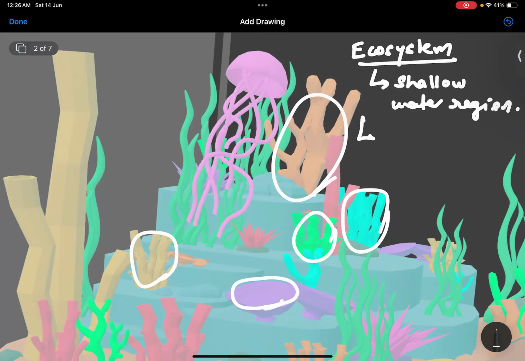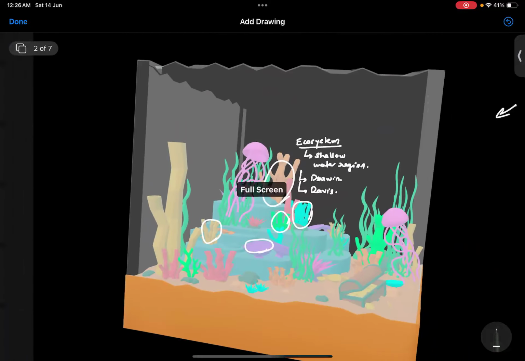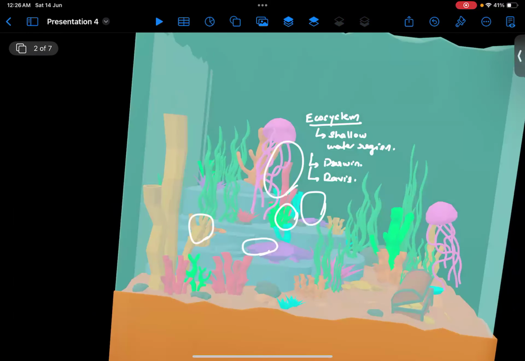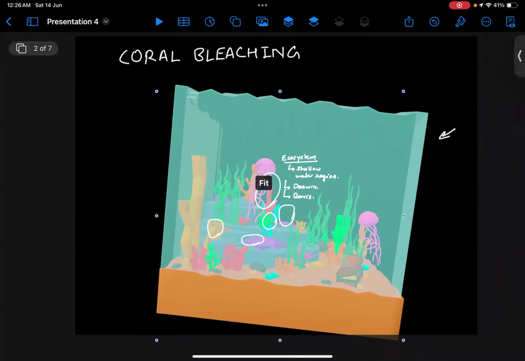The formation of coral reefs, their origin, has been explained by Darwin first, and later on Davis, on the basis of the theory which he propounded with respect to the development of coral reefs. Coral reefs are one of the most important organisms in the world.